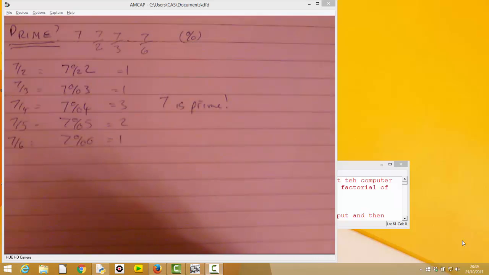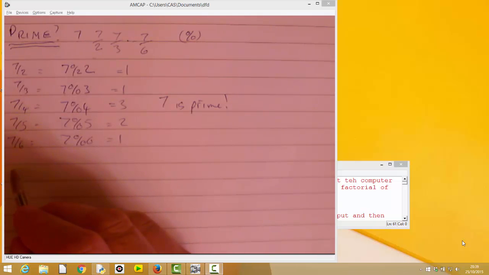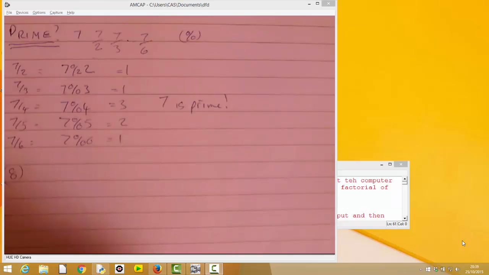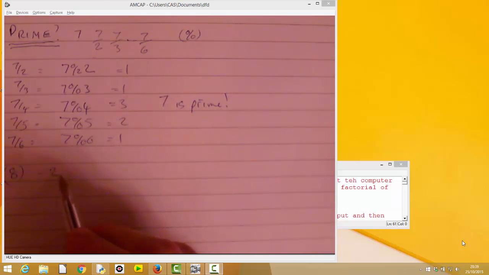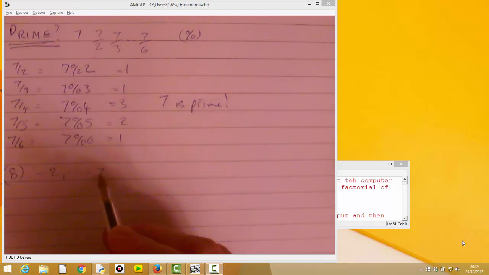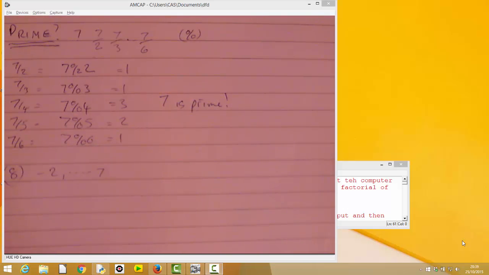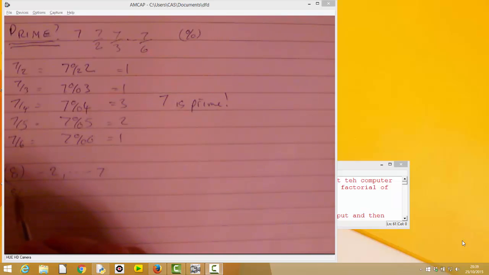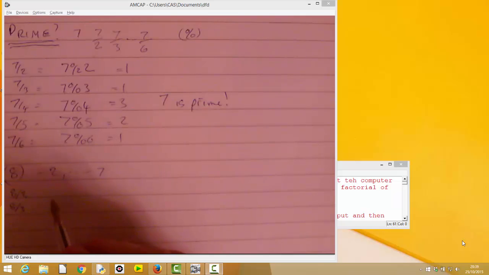Okay, just to chuck another one at us, just so we make sure we understand it. If I now was to do the same again, but think about the number 8, what would I do? I would do the same. I would start at the value 2. I would go all the way up to the value 7 this time, and I would do the divisions again. I would say 8 divided by 2, 8 divided by 3, and so on.